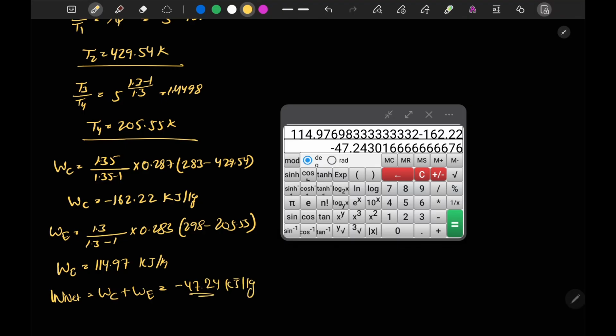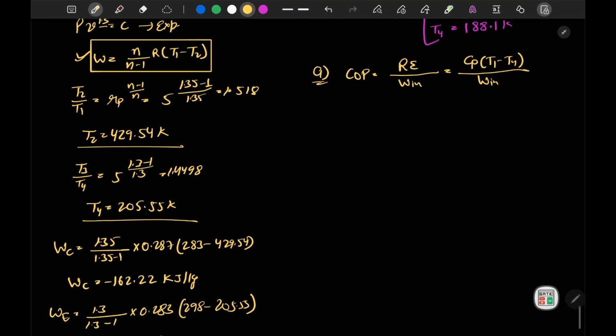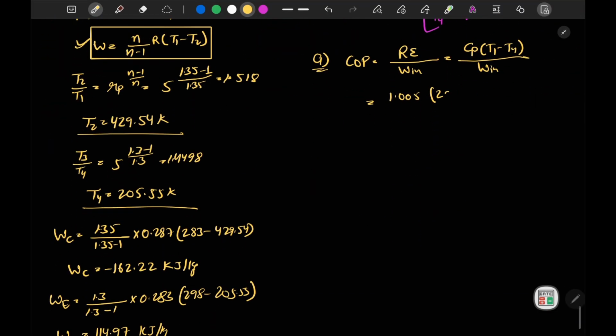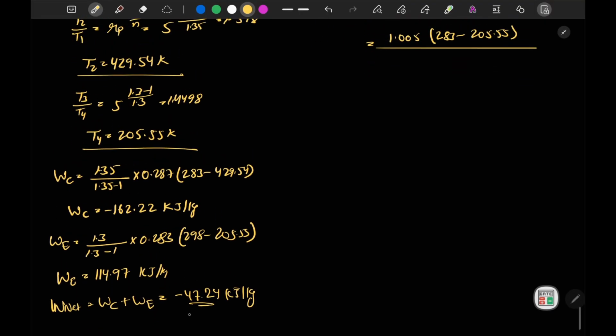Now in this equation we have to write the value of work input, so let's write the whole equation. COP is equal to 1.005 into T1, given as 283, minus T4, found to be 205.55, divided by the work input. I have calculated the net work done equal to 47.24.